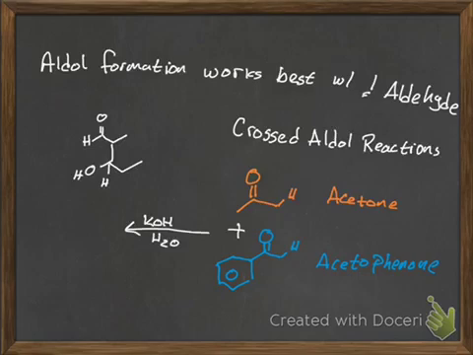What I want you to do is hit pause and then figure out the number of different aldol products you would get from this. I'll give you one hint: only work from one side of the acetone. You don't have to work from the other side too. I want you to figure out the total number of aldol products you would get out of this and their structures. I'll give you a couple minutes to work on it.